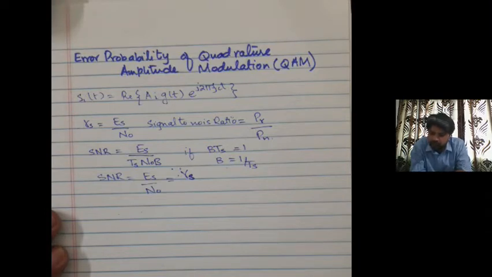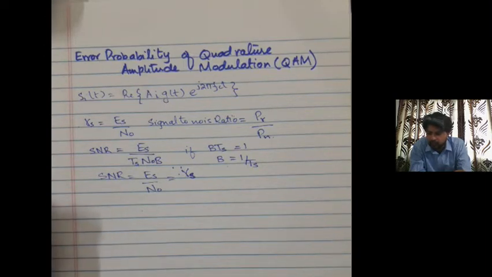So your gamma_s would be your signal to noise ratio if your bandwidth times symbol interval product is equal to 1. In other words, if your bandwidth is the reciprocal of your symbol interval, then E_s over N_0 would be equal to your signal to noise ratio.